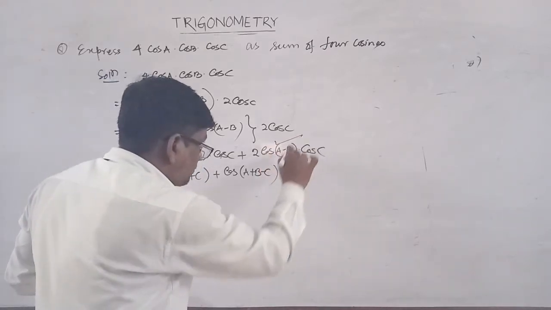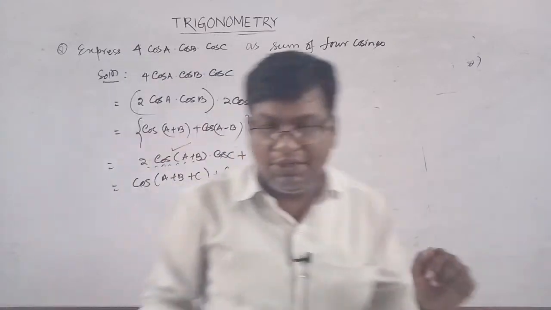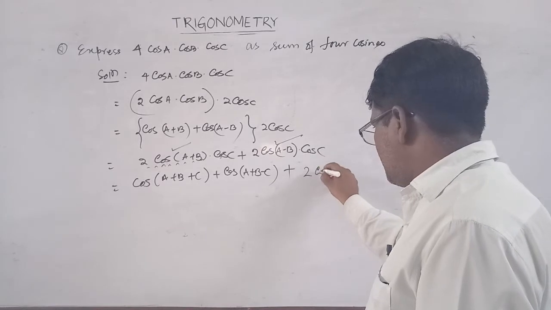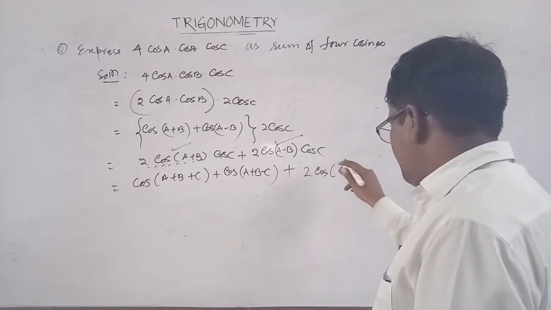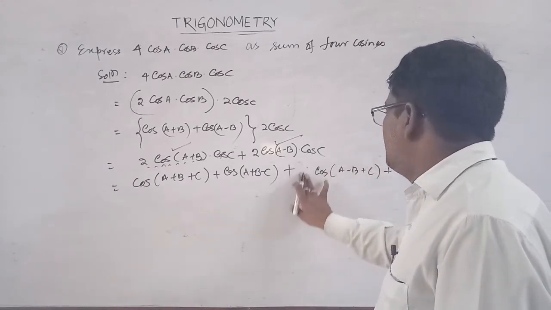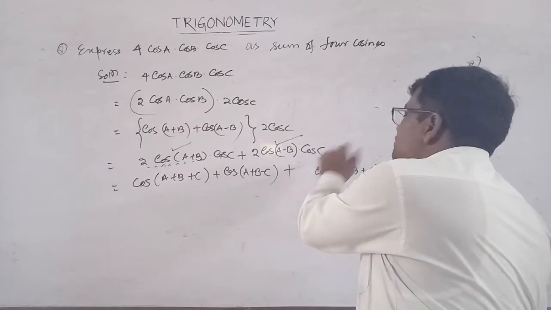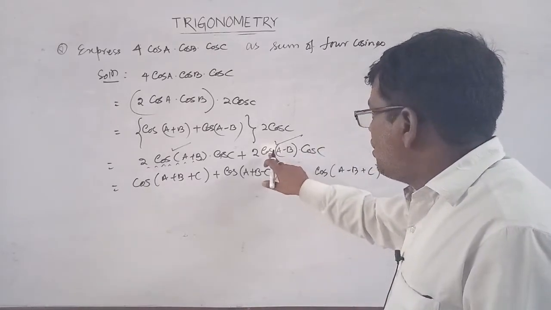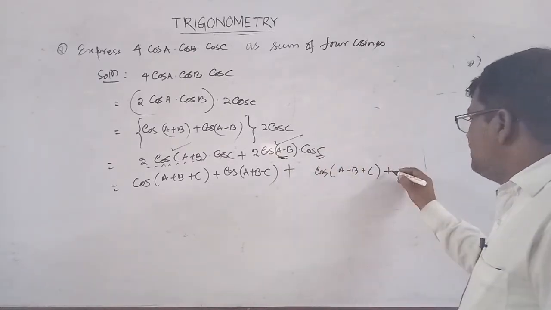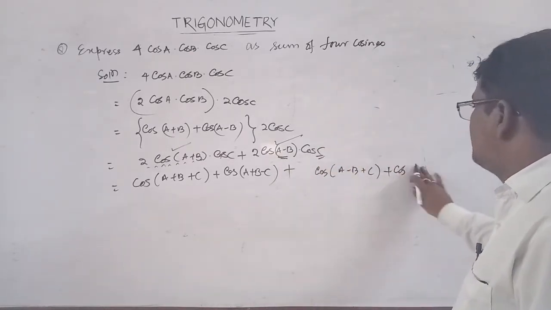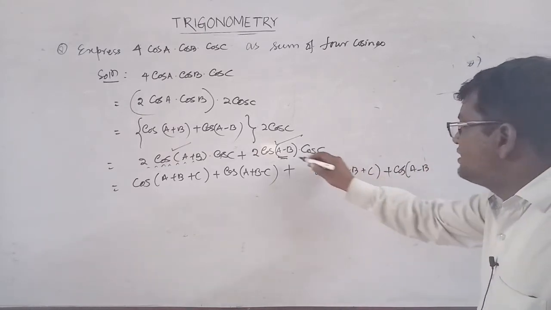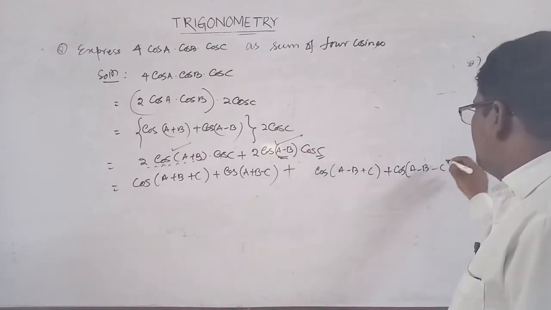Now for this term, again the 2 cos A cos B formula: 2 cos A means A minus B, B means C. That is cos A plus B, where this is A and this is B, plus cos A minus B, where A is this and B is C.